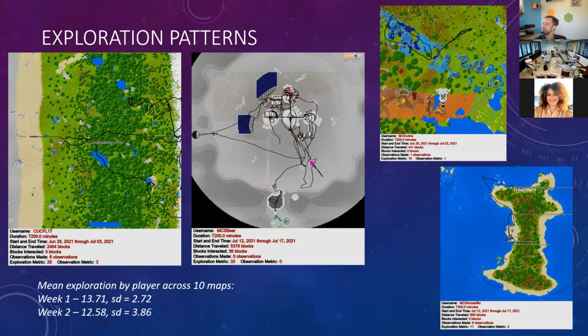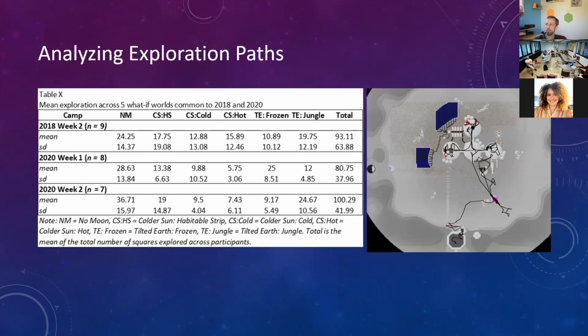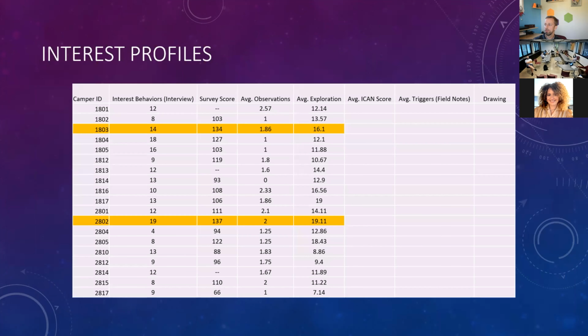What I'm very interested in is how the student's overall interest in science predicts how they play the game. Are they exploring more? Are they making better observations if they have this existing interest? So what we're doing here is building interest profiles.